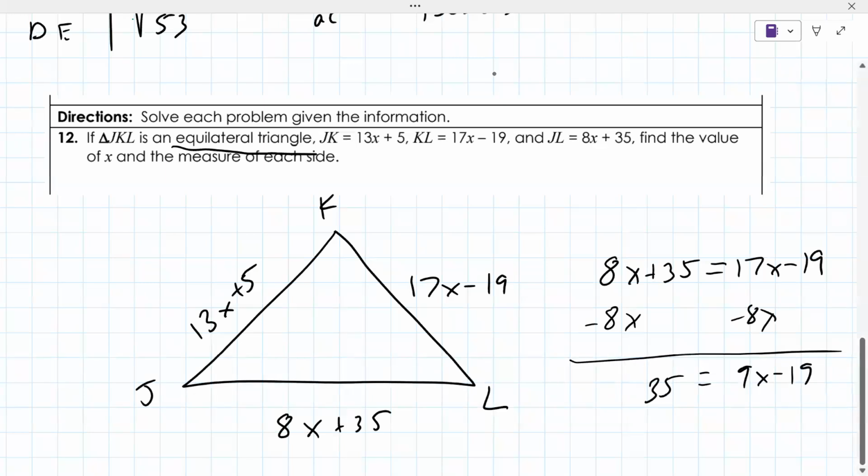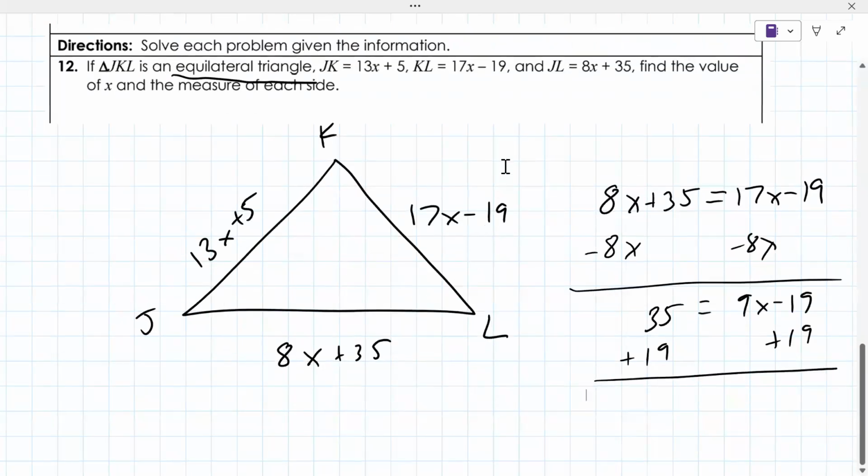Do you remember what to do from here? Do you divide by 35? No, you add 19 to both sides. Yeah, I guess that would be 38.